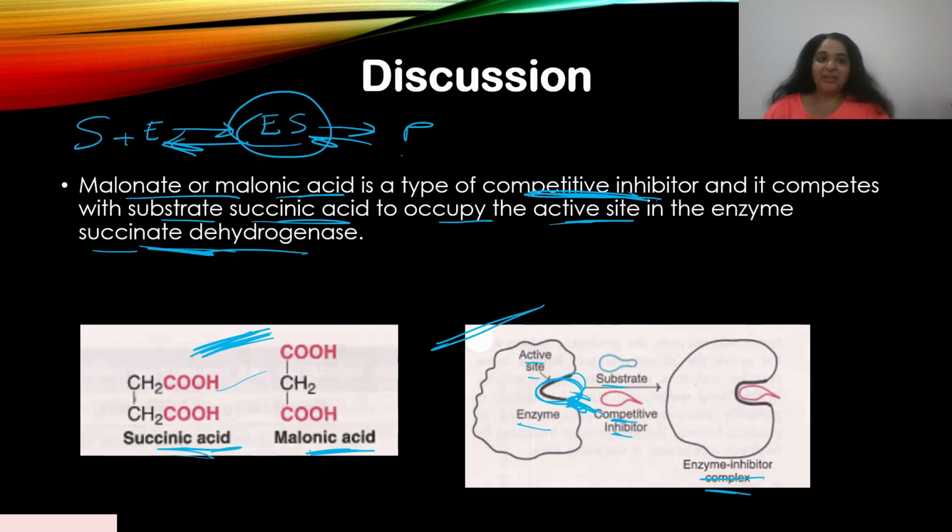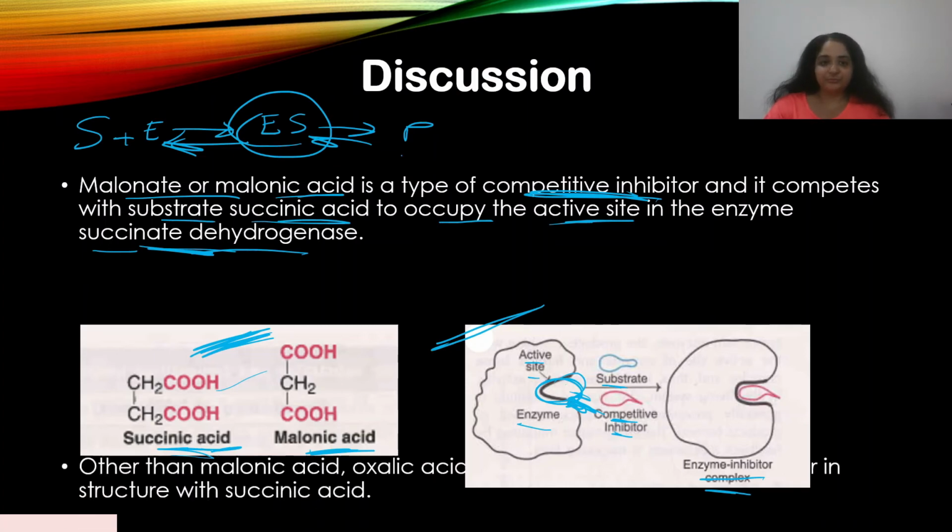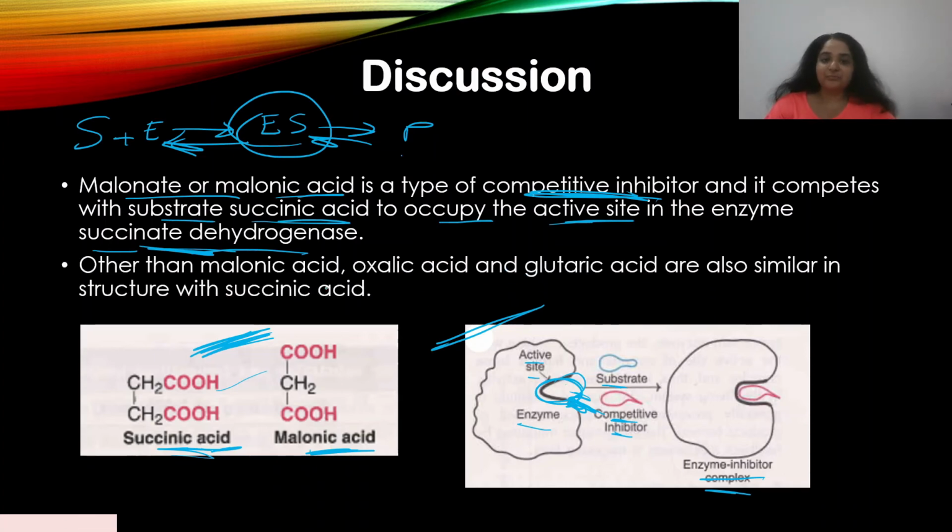So malonate, like I said, with succinate dehydrogenase is a very good example, where malonate or malonic acid is a type of competitive inhibitor for the substrate succinic acid. There are other versions of these inhibitors that can attach to succinate dehydrogenase. Other than malonic acid, there's oxalic acid, there's glutaric acid.